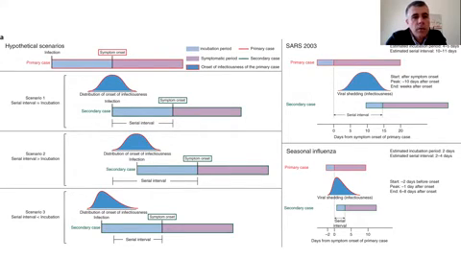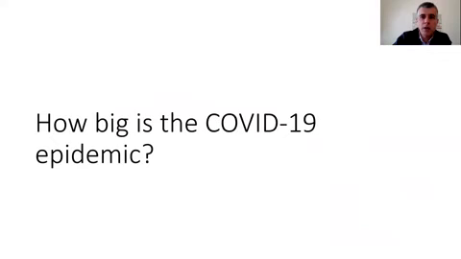For example, in the top panel, we have the bell-shaped blue curve having a substantial proportion of its mass to the left of symptom onset. So a lot of people are getting infectious before they have symptoms, which makes it very difficult to identify these people in time to isolate them and stop them from infecting others.